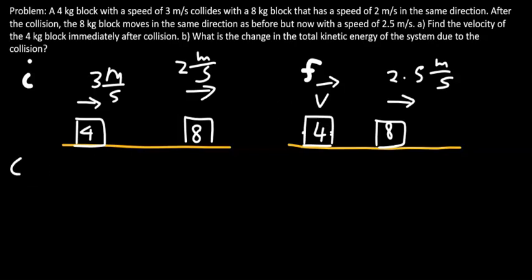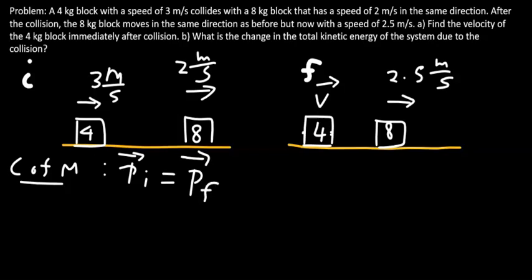So let's apply the principle of conservation of linear momentum that says the initial momentum of the system, that is, the linear momentum of the system before the collision, must be the same as the linear momentum of the system after the collision. Let's calculate the initial linear momentum of the system.